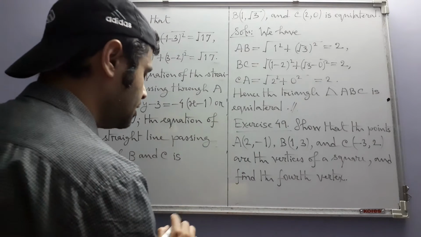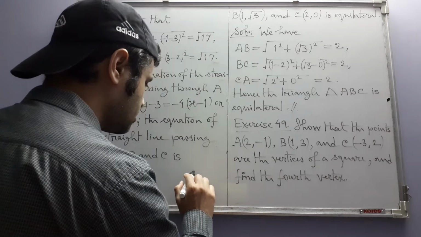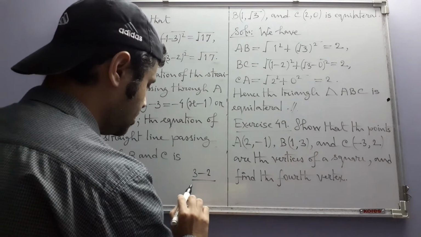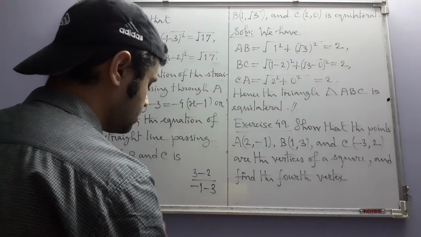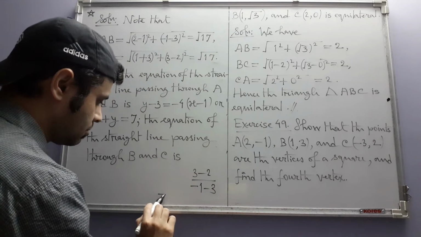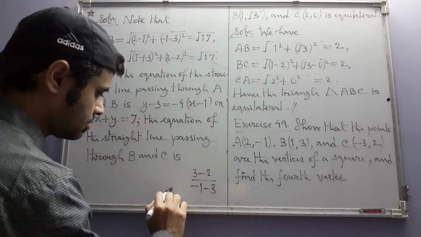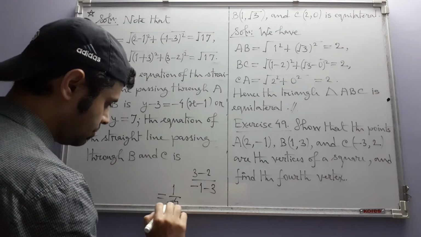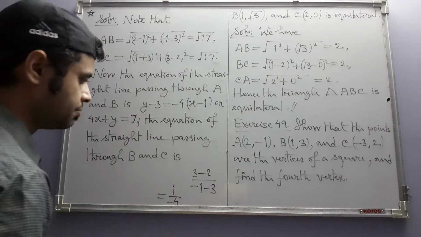For this one also we need the slope. So the slope is 3 minus 2 divided by minus 1 minus 3. Okay, so the slope is 1 over minus 4, that means minus 1 by 4.